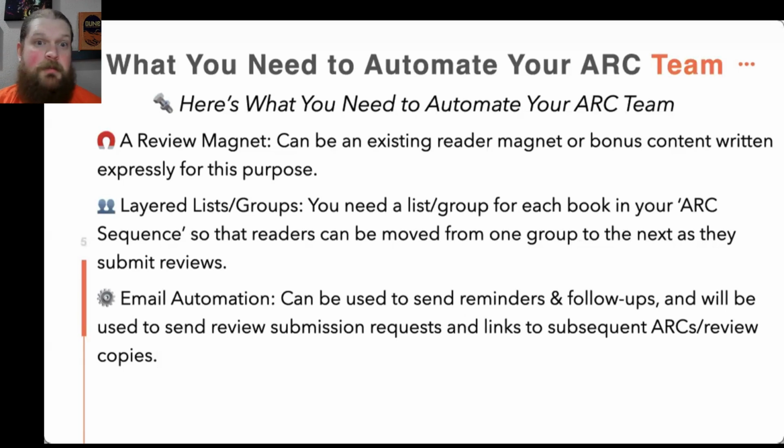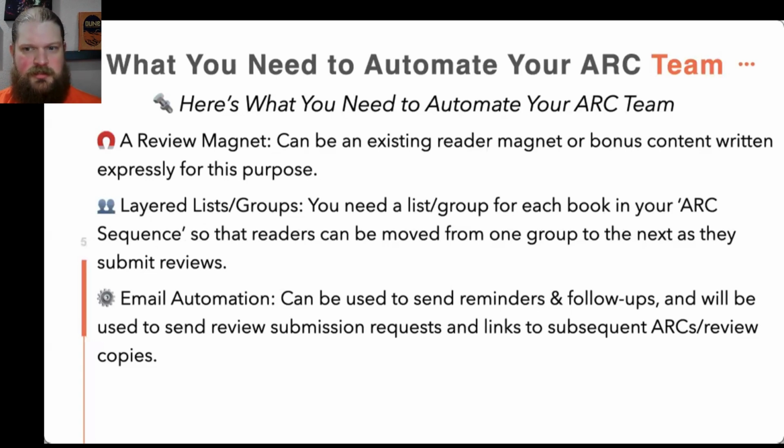And depending on how direct you're being about the review aspect of things, you can also be direct there. Following up with them a little while later, maybe a few weeks after they've received the book, this is a process that sometimes takes a little bit of time. And this is ultimately going to be used to send them the review submission request and also links to subsequent ARCs or review copies in this whole sequence.